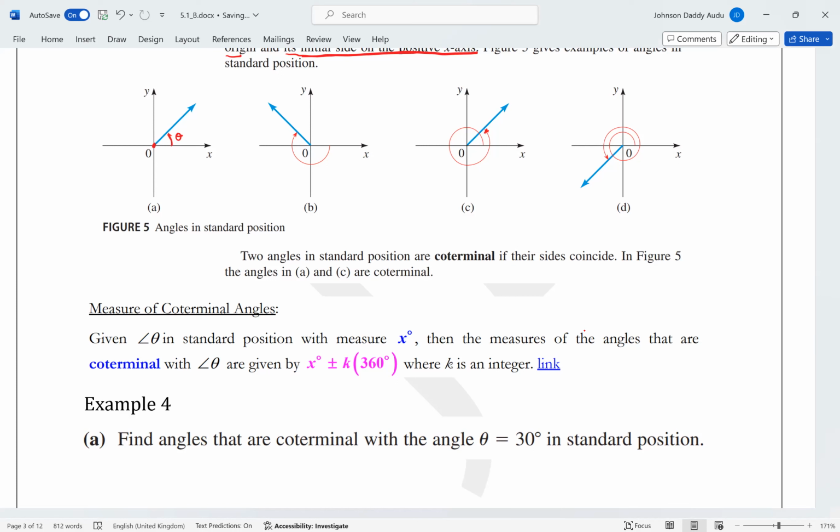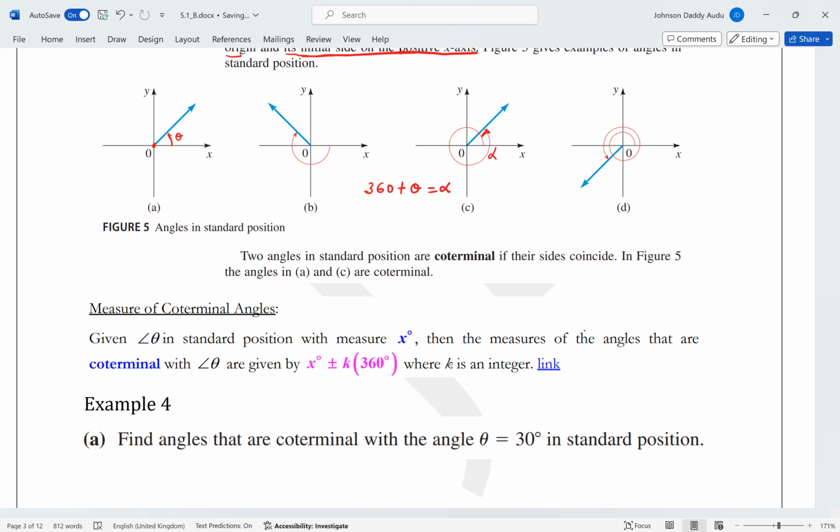right? So if I call the whole of this angle, let's say, alpha, you can see alpha is bigger than theta. So if you want to get alpha, you need to add 360. 360 plus theta will give you alpha, because you have to go around once.